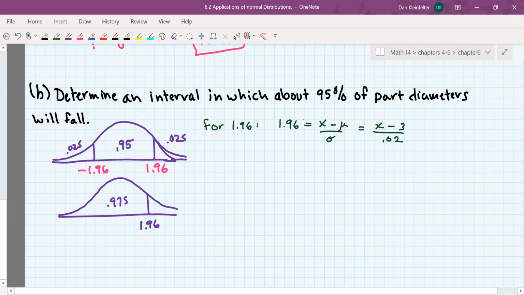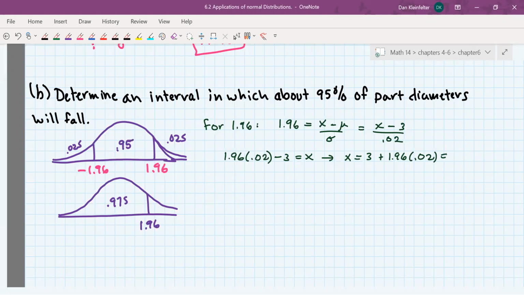We have 1.96 is x minus 3 over 0.02. So we need to solve that for x. Multiply both sides by 0.02, and then we'll add the 3. So x will be 3 plus 1.96 times 0.02, and that's 3.0392.